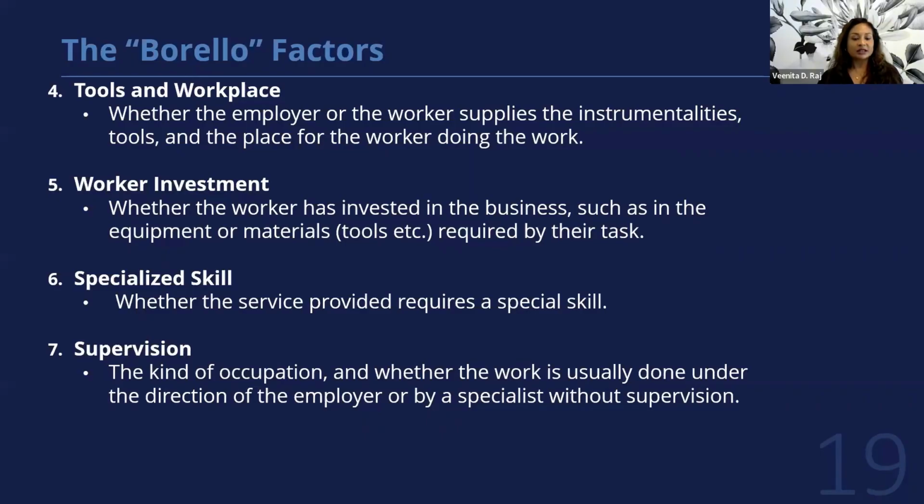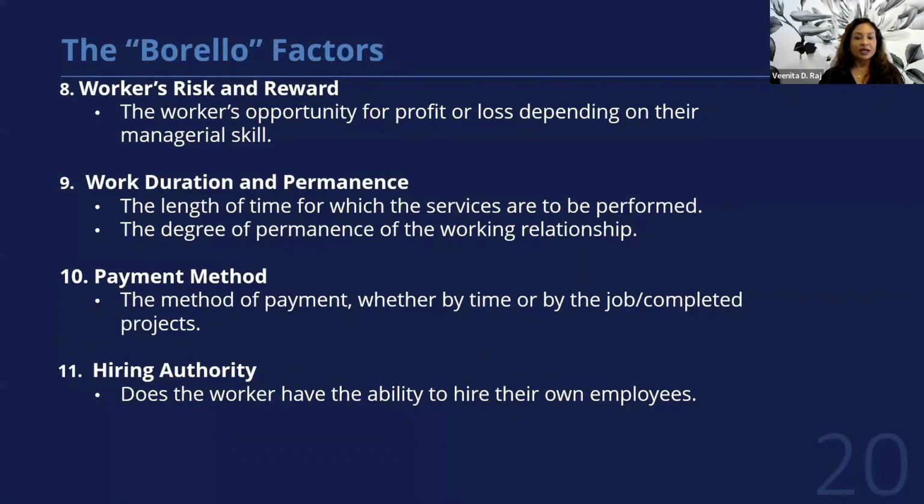Sixth is the specialized skill of the services that are being provided. Seventh is whether the work is usually done under the direction of the employer or by the specialist or the worker without any supervision. The eighth factor is the worker's risk and reward.